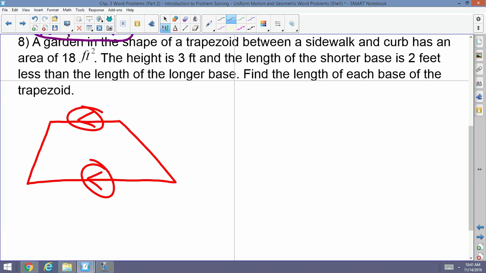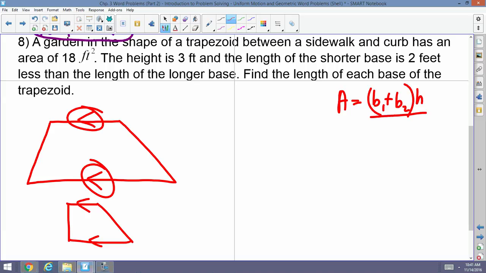It doesn't have to look so pretty like this. This is also a trapezoid. This is parallel to that. You've got 4 different sides. That's a trapezoid as well. Again, why you need to know these formulas. We're dealing with area, and the area of a trapezoid is base 1 plus base 2 times height divided by 2.